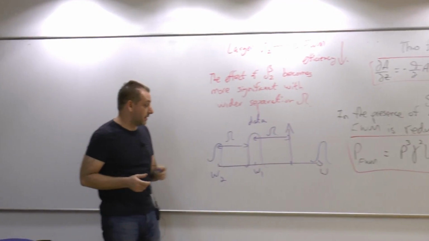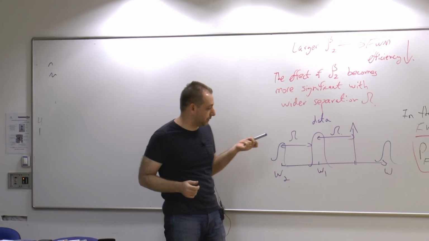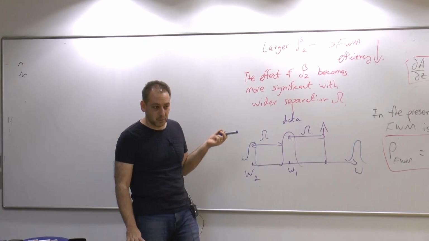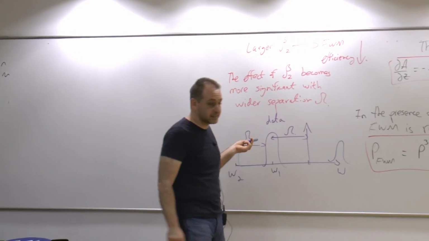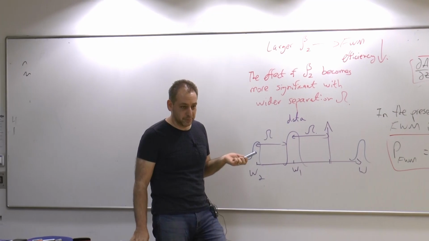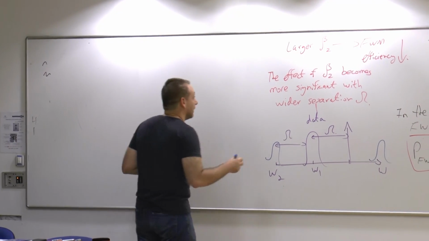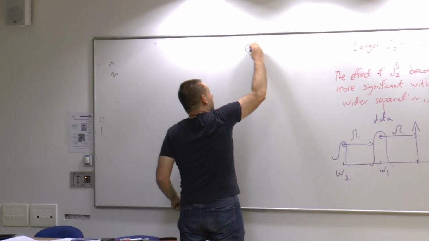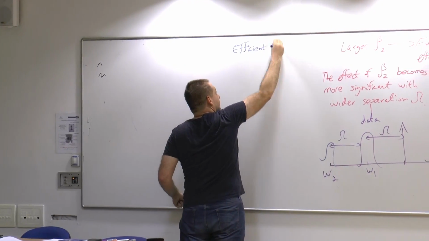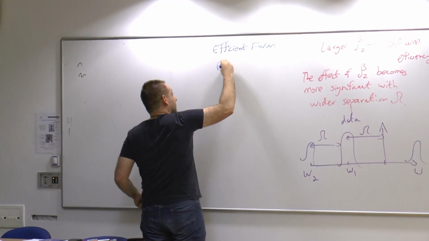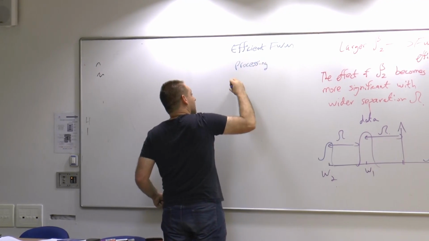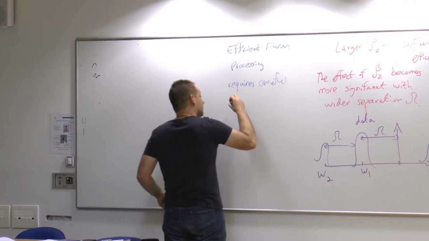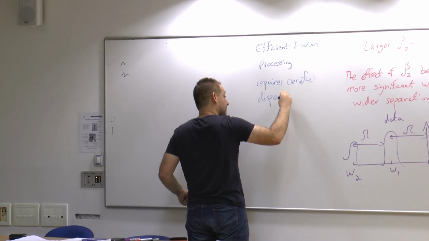So if I play the game carefully enough, data can be carried over and converted from one carrier frequency to another. But to do this, you actually need efficient four-wave mixing. So, if I say the same statement in the inverse perspective, efficient four-wave mixing processing that we like to do many times requires careful dispersion management.